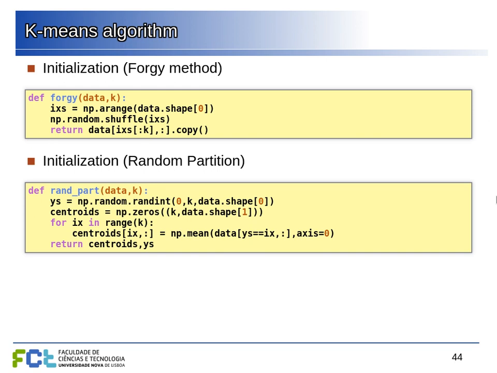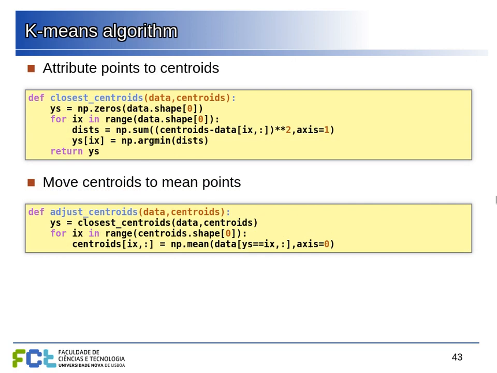Now for the algorithm itself, first we need to assign our examples, so label our examples with the cluster of the nearest centroids. We get the differences in coordinates between all the centroids, all the prototypes of the clusters, and our data points. We compute all these distances, and then we get the closest one. So each example will be assigned to the closest centroid.